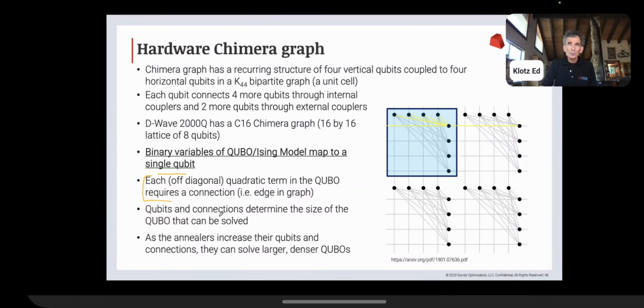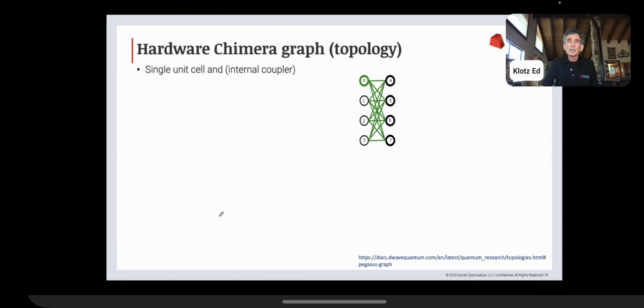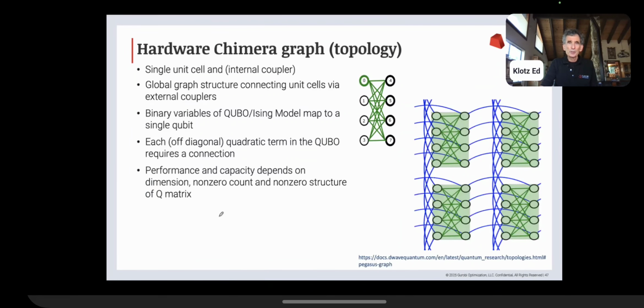Now, these hardware graphs are far from complete, so that's where the challenge is. How do you map the Q matrix non-zeros to edges in the graph? As the annealers evolve over time, their qubits and their connections will increase, which will enable them to solve denser QUBOs.